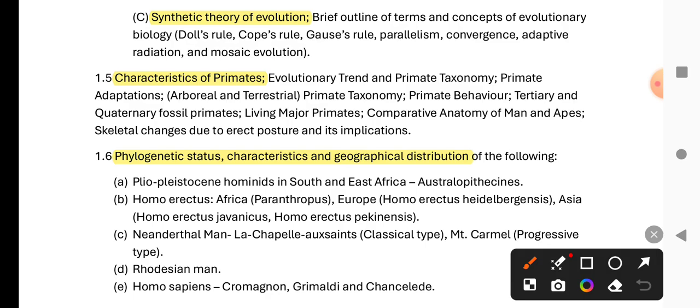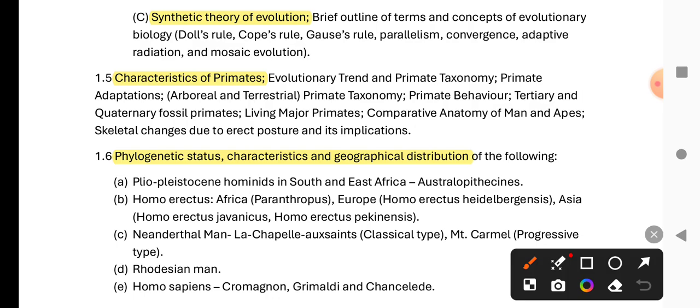After Kramer's study, the mandible was found in Sangiran, Java, so he came out with this multicentric theory of evolution. So this is a very beautiful concept regarding the multicentric and unicentric debate.